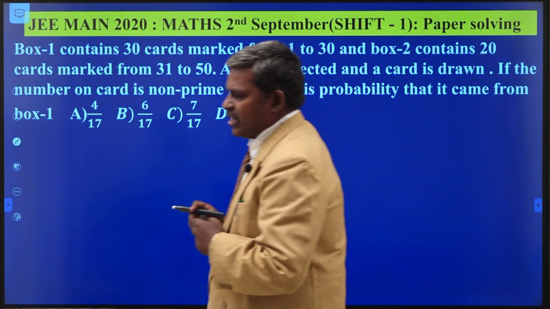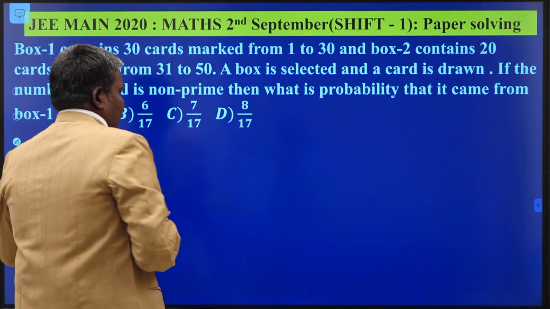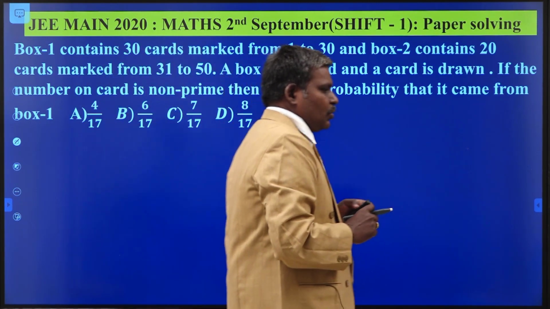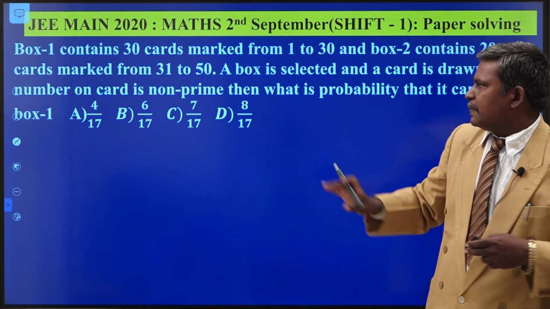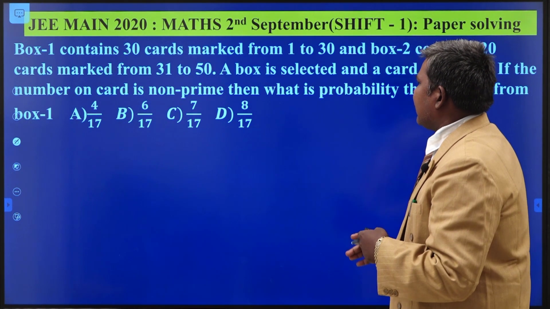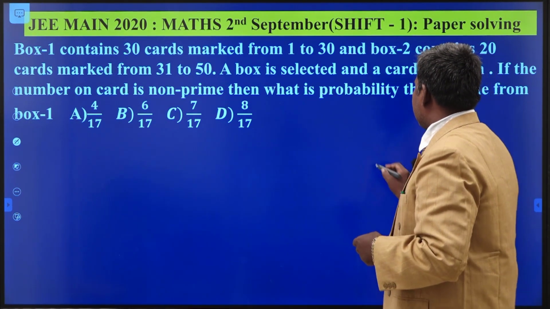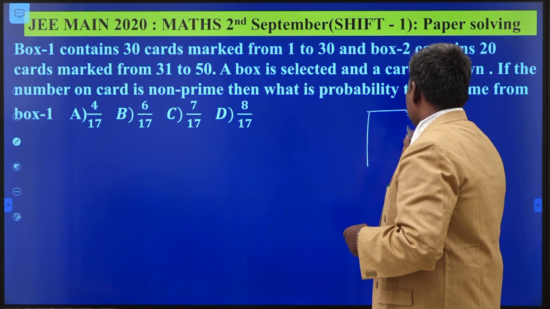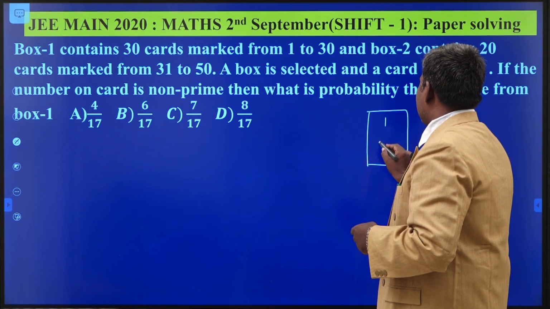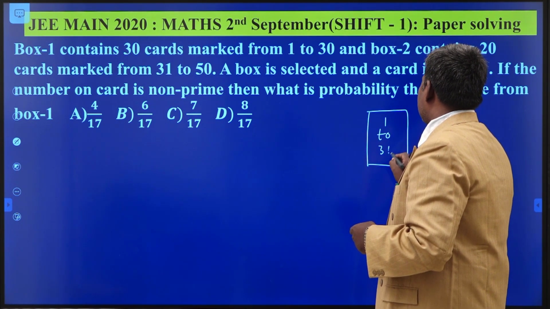See, this is a question related to probability and the concept is related to Bayes theorem. Box 1 contains 30 cards marked from 1 to 30. This is box 1, B1, which contains the numbers from 1 to 30.